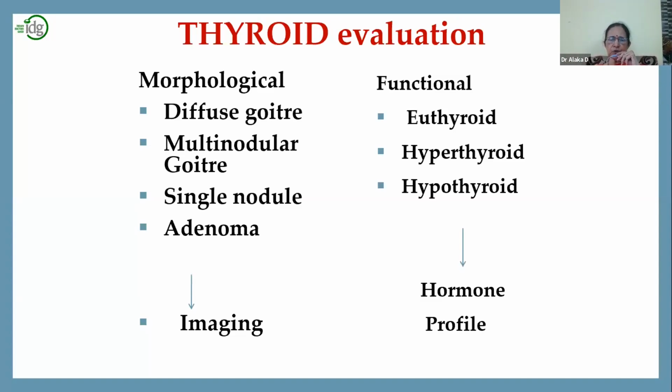So it may be a diffuse goiter which is euthyroid, so euthyroid diffuse goiter. A diffuse goiter with high levels, so we will say diffuse hyperthyroid goiter. Multinodular hyperthyroid, multinodular hypothyroid. That means we have done both morphological and functional evaluation.